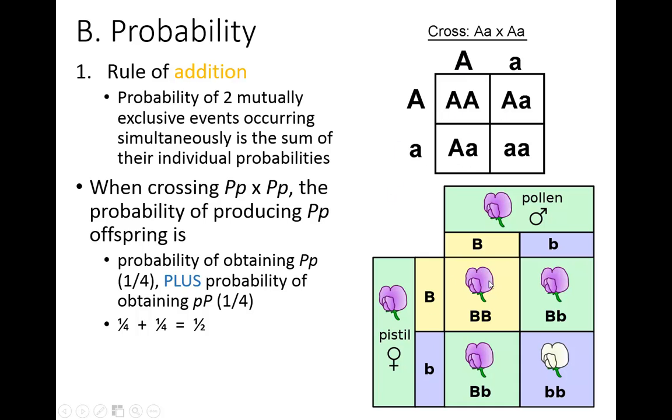And you want to know the probability of having a heterozygote, well then you just have to add: 1 out of 4 plus 1 out of 4 is going to equal 1 out of 2. So you have a 50% chance of having a heterozygote. It's pretty simple.